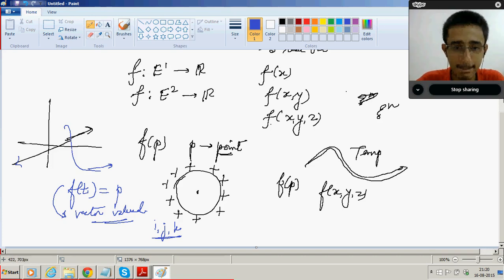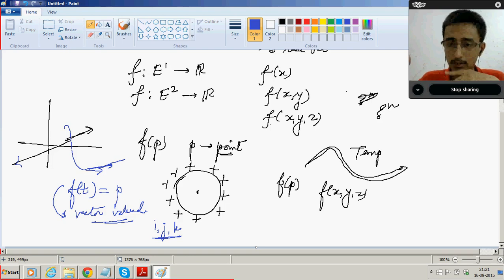We don't think of just vectors. Every point would have a vector originating from that point. The f of t would represent the locus of the point, how it moved in space, and every point on it would have a vector pointing towards the direction of the intensity of the field or whatever.